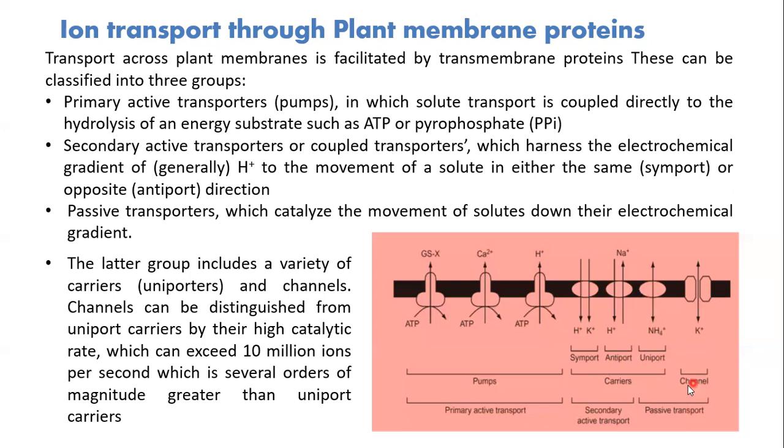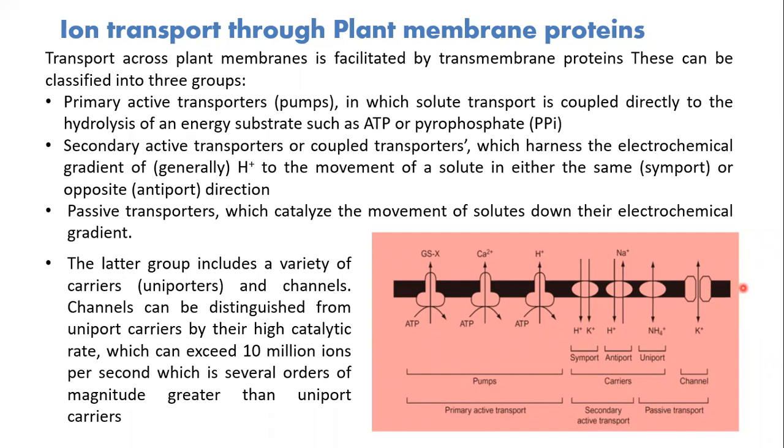But again, we have channels, and channels mean we have a transporter which can transport millions of ions per second. So these are kind of open, hole-type structures, and the bulk of the ions can pass through.